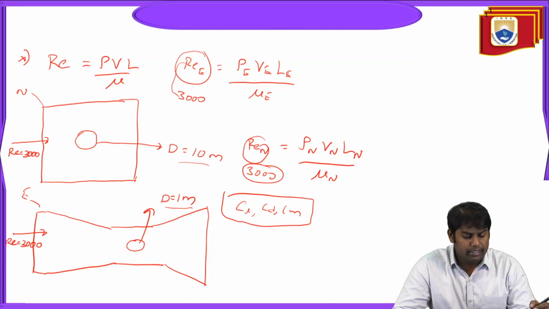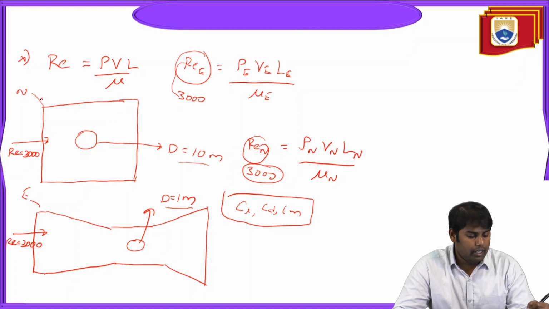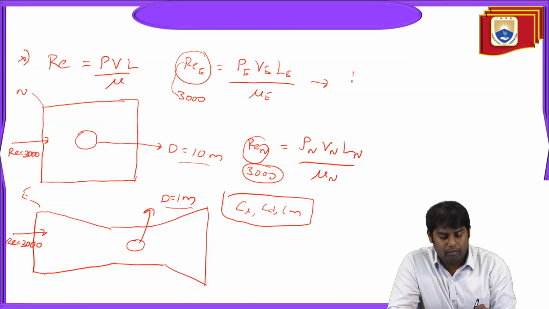Let's say in the numerical we are using water, and in the experimental we are using air. The density rho E of air is 1.225, with the reference velocity VE and the reference length LE, divided by the dynamic viscosity of air.